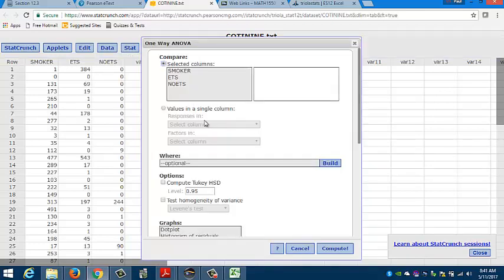But one-way ANOVA, and this is really nice. You don't have to stack any data. You just say, hey, which columns do you want? Smoker, exposed to smoke. So these three, I guess I will highlight all three by using Shift and then clicking on them. And if I just say compute, I think it'll work.